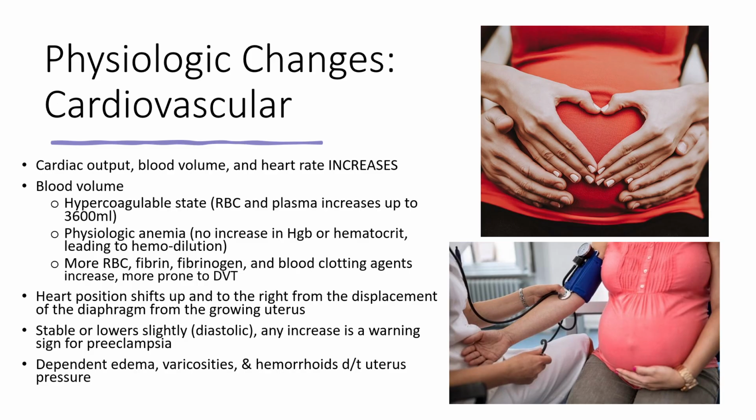Because of this, it causes physiologic anemia due to the increase in blood volume. There is actually no increase in hemoglobin or hematocrit, so it causes a hemodilution of our blood volume, which may cause anemia in pregnancy.